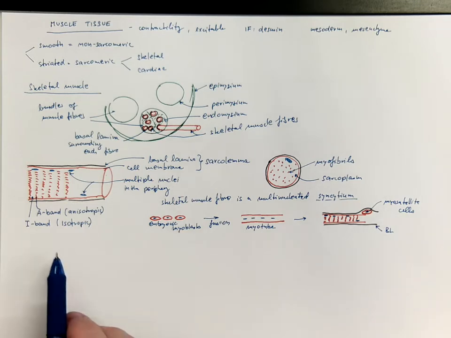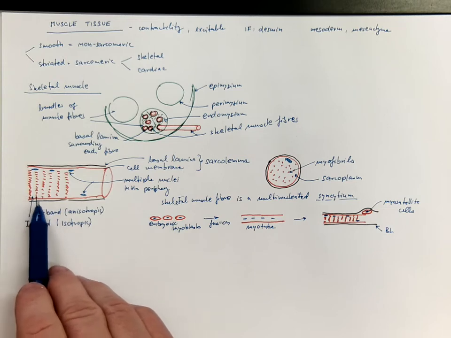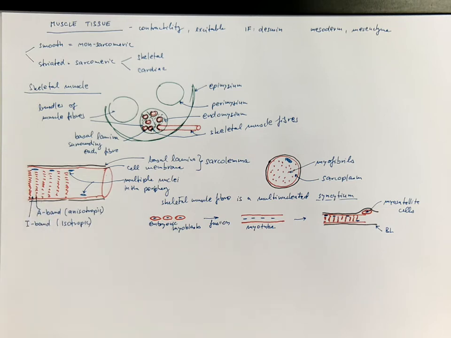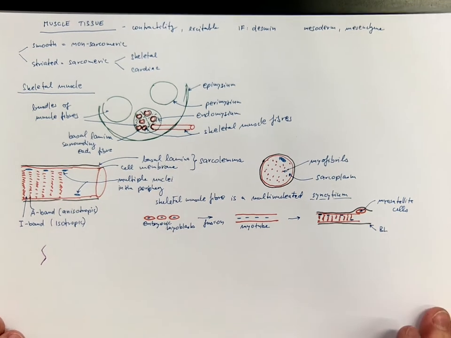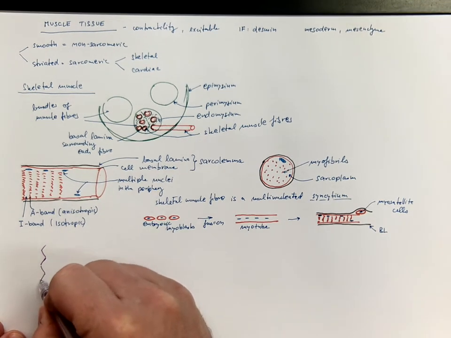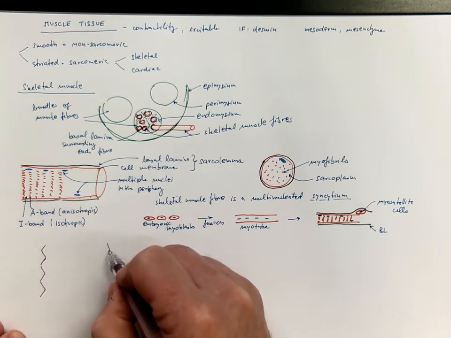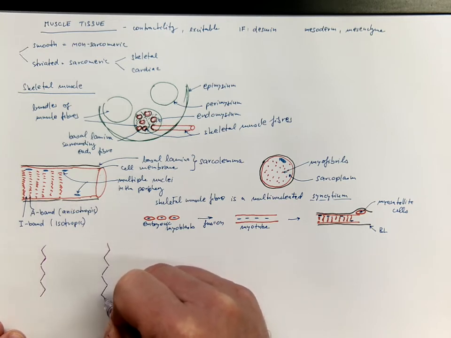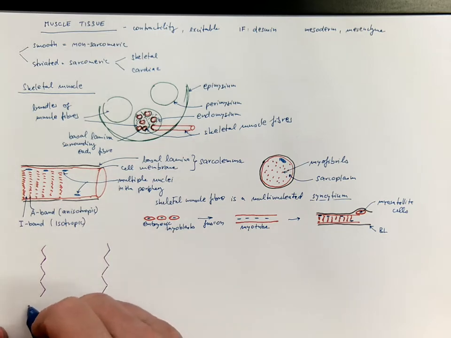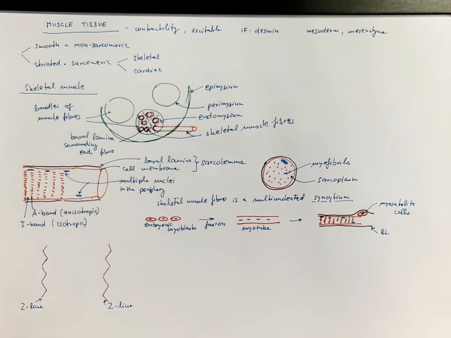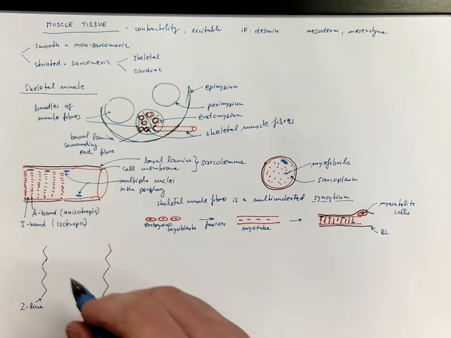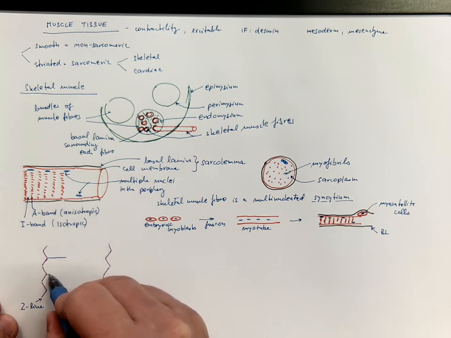Now let's have a closer look into this pattern of dark and light bands. There are glycoprotein plates called Z-lines, into which actin microfilaments are inserted.